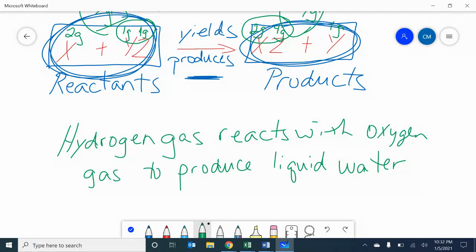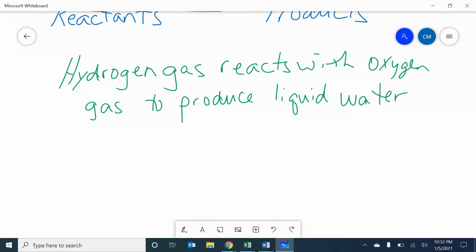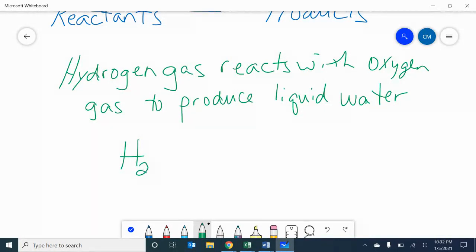All right, that's a word equation. We would need to take these words and transcribe them into the chemical equation. So we would take hydrogen gas, and I'm about to show you this in a minute, we would have to know, memorize, and just know that when it says the word hydrogen, it means H2.